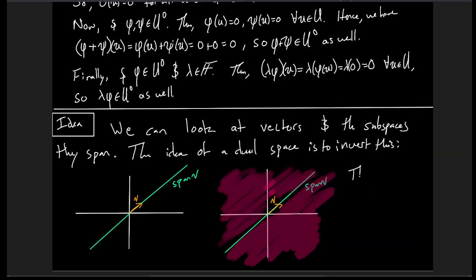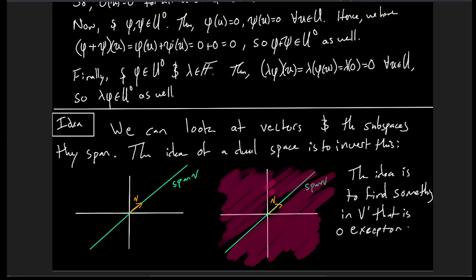So the idea is to find something in V prime, so an element of the linear maps from the vector space to the underlying field, that is 0 except on span V. So this will turn into the null space of some phi, and this little chunk right here, this very important little subspace, will turn into, well, not the range, but the complement of the null space.